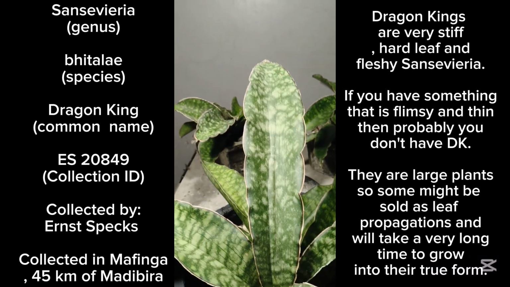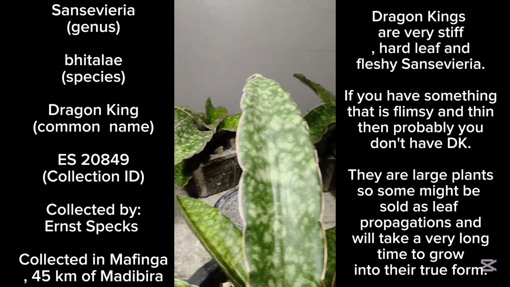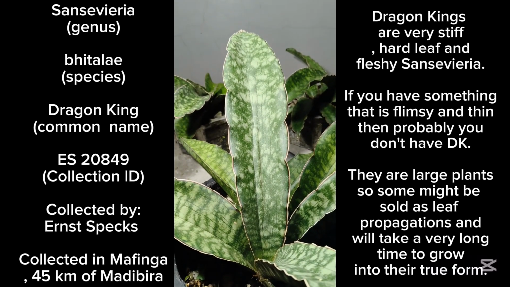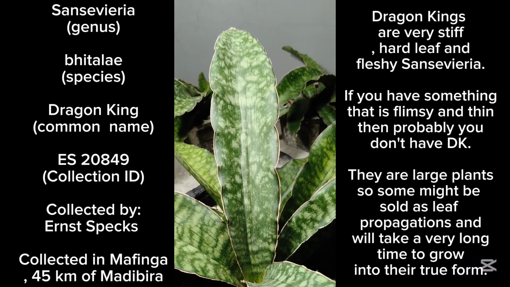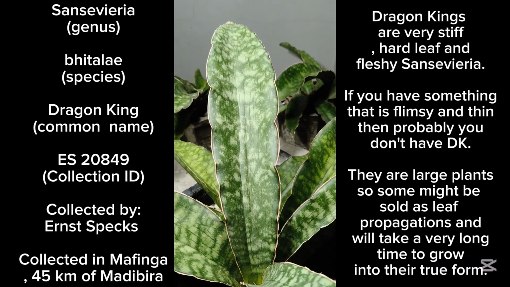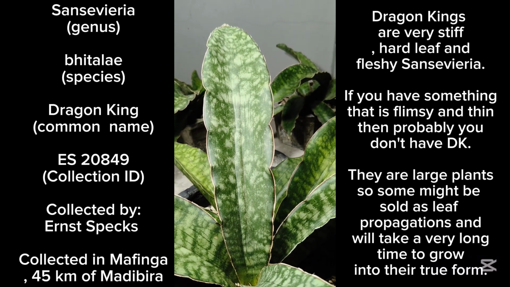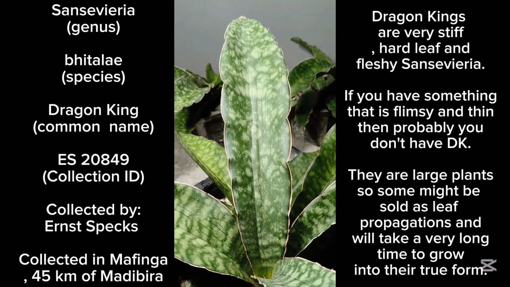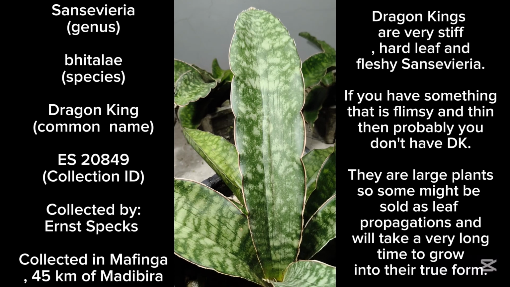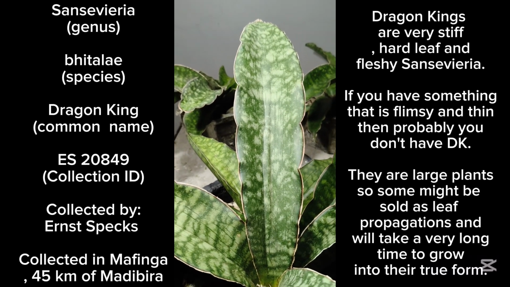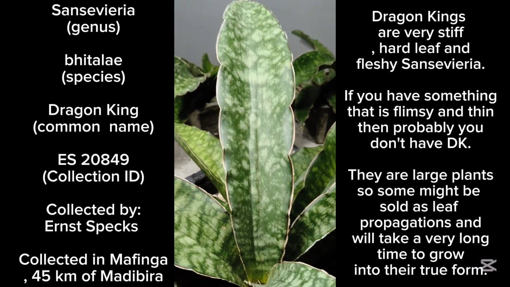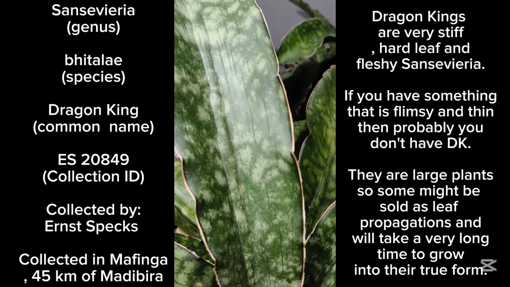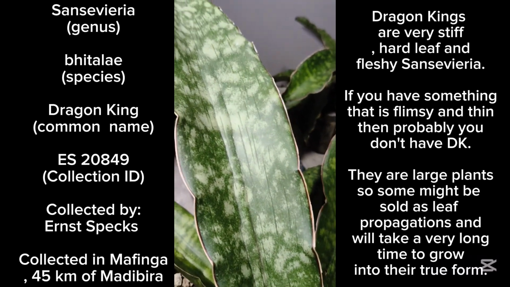As you can see, all of the Sansevieras that I am showing you right now are bhitalae species that are found in different locations and concentrated in Mafinga, but they are very distinct to one another. With that said, we will be describing and getting some data with regards to the characteristics of Dragon King.